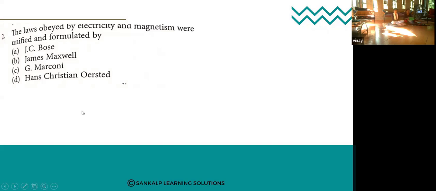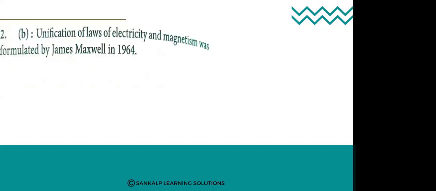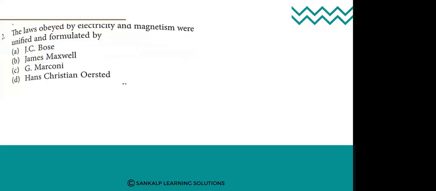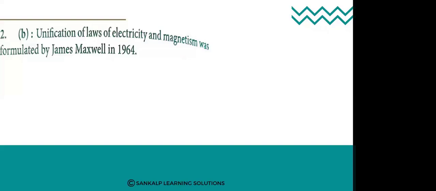So that is option B, unification of the laws of electricity and magnetism was formulated by Maxwell. The experiment was shown by Ørsted, but the law was given by Maxwell, in the year 1864.